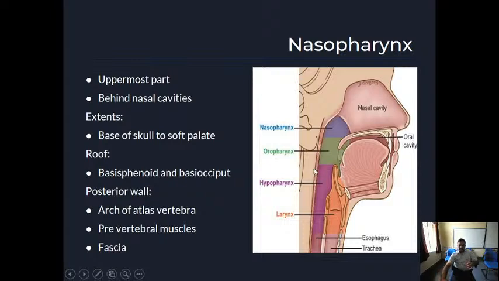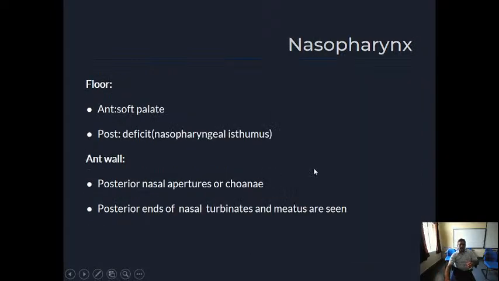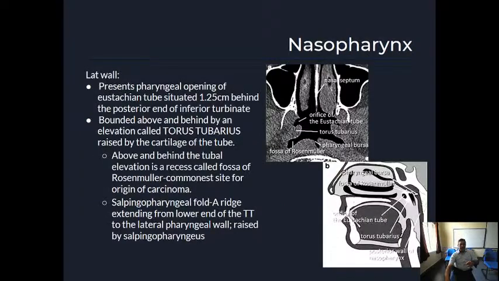Now, the lateral wall. So we said the superior wall, the inferior wall, and the anterior and the posterior walls we have discussed. Only the lateral wall of the nasopharynx remains.